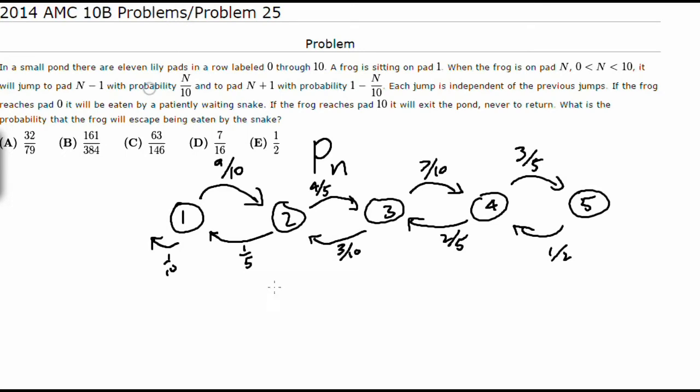It's very nice. So what's the probability of reaching pad 10 from P1? This is what we're given: P5 equals 1/2. And from here we can just move our way back to 1. So what would P4 equal?